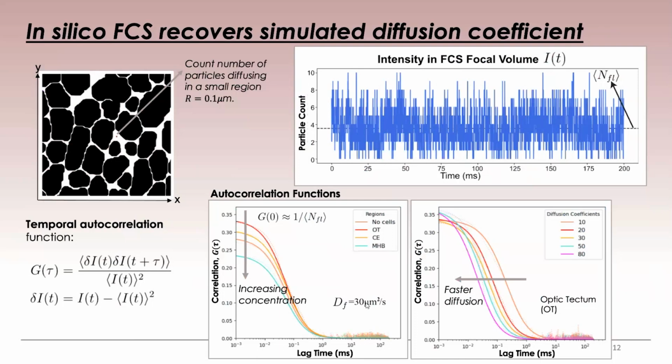The G naught, because of how we normalize it, gives the concentration of particles, so 1 over the mean number of particle count in our region in our time series. And the steepness of the autocorrelation lets you infer the diffusion coefficient. So the faster the diffusion coefficient is, the faster your autocorrelation curve will go to 0.